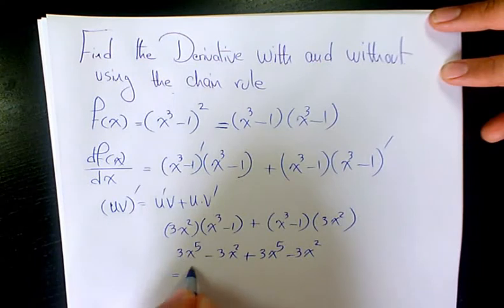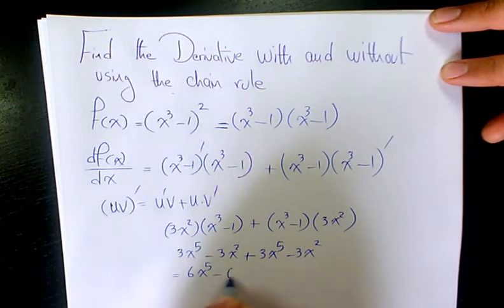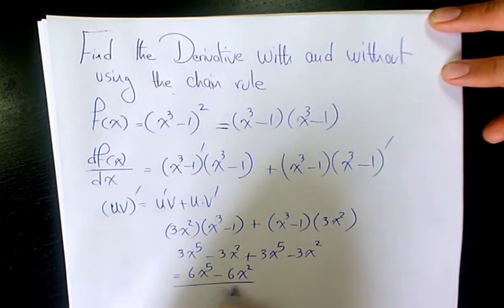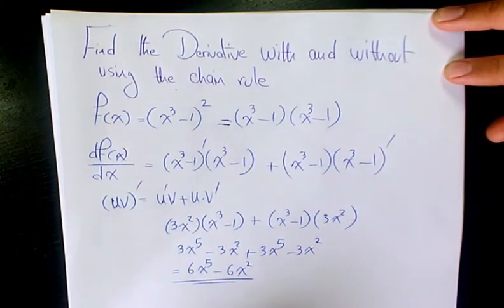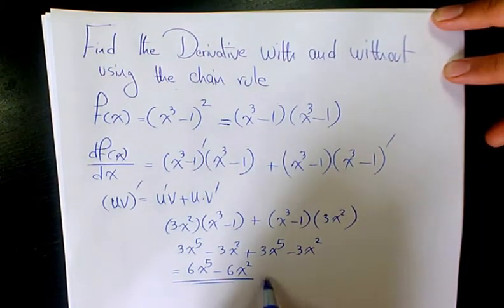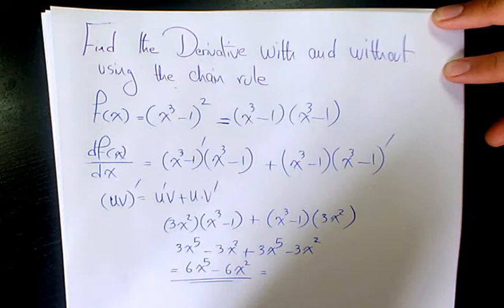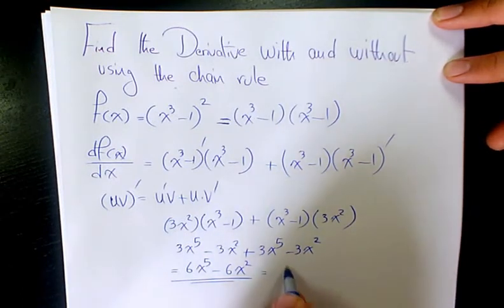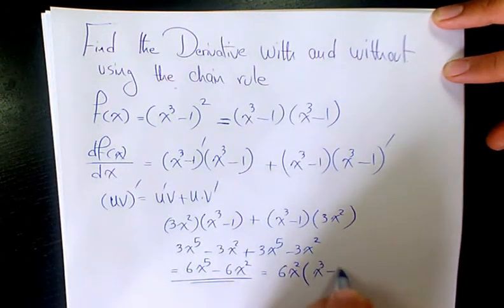That's going to be 6x to the power 5 minus 6x squared. Or if you factor that, you can factor out 6x squared, which gives 6x squared times (x cubed minus 1).